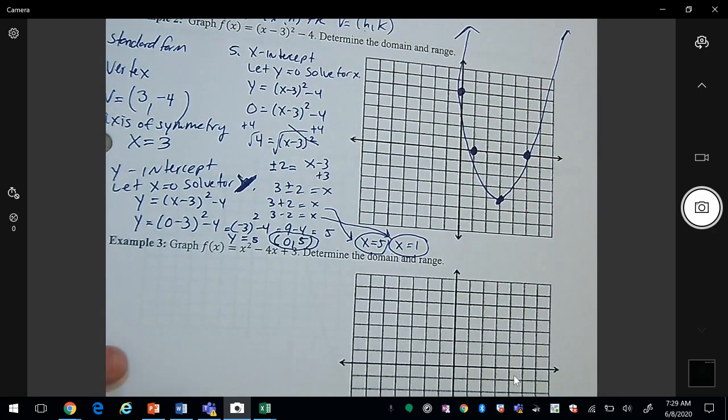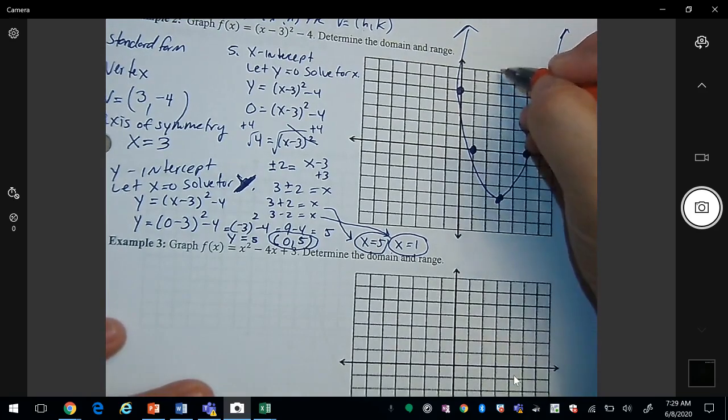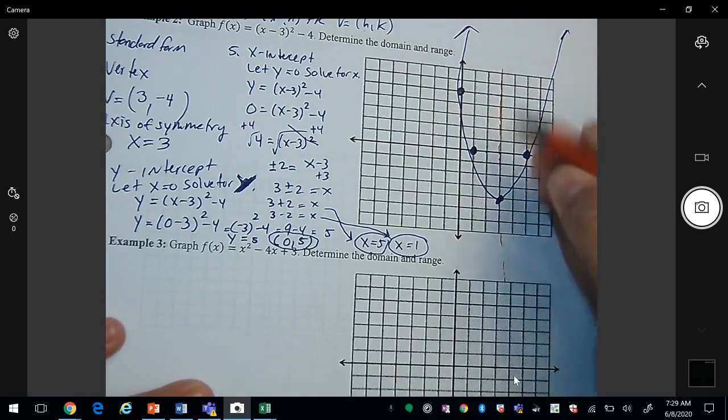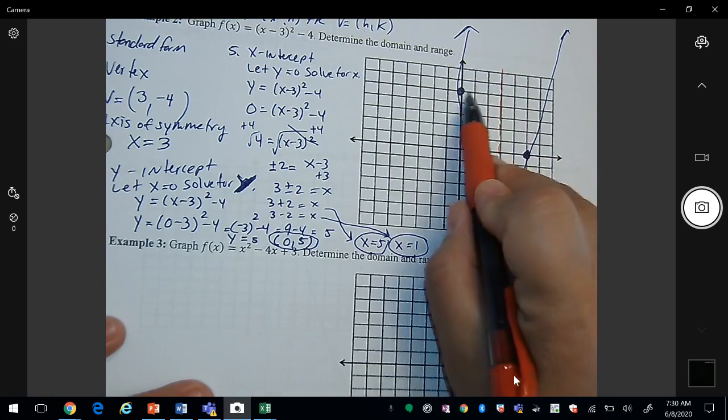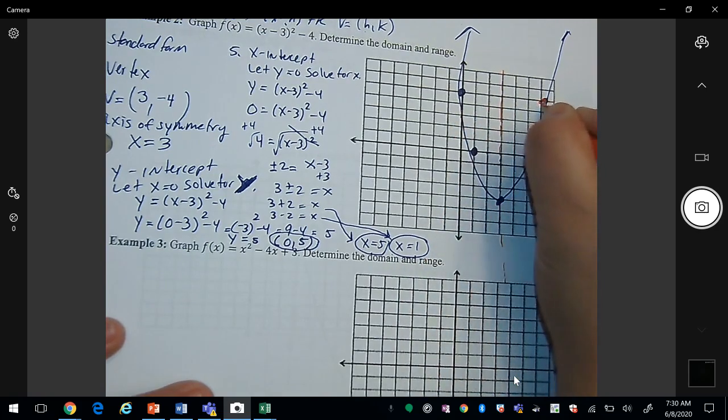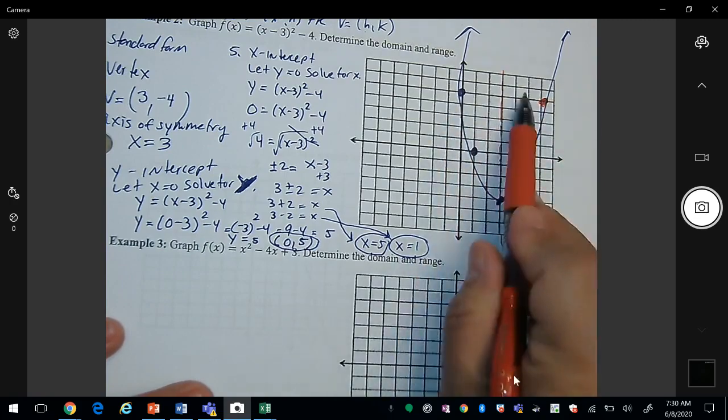Okay, the axis of symmetry, again, is this line that cuts the parabola in half. So here we have 1, 2, 3 spaces this way. So 1, 2, 3 would be where your other point is. So they are symmetrical.